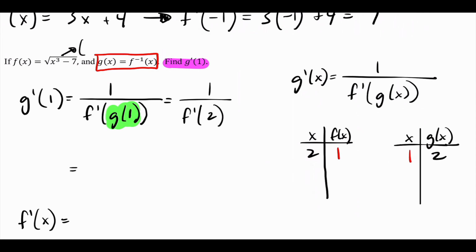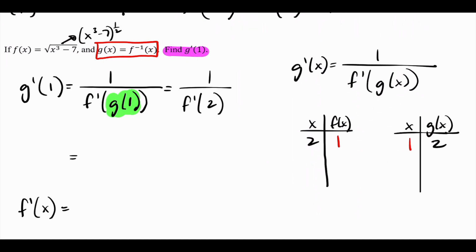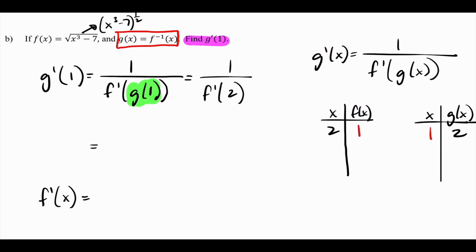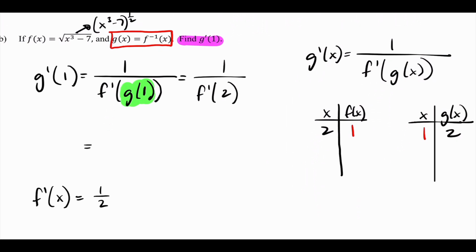So for F, I'm going to change it to a power, and I'm going to use the chain rule. So 1/2 x cubed minus 7 to the negative 1/2 times the derivative of the inside, which is 3x squared.